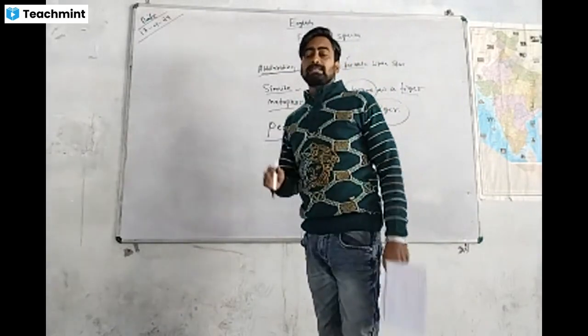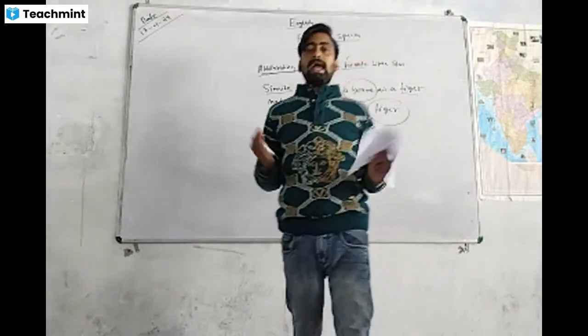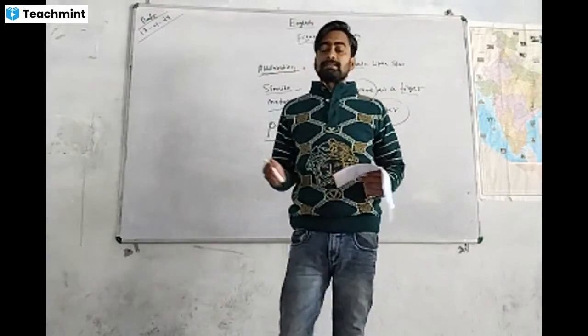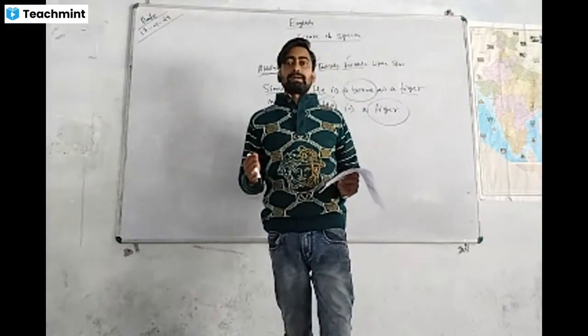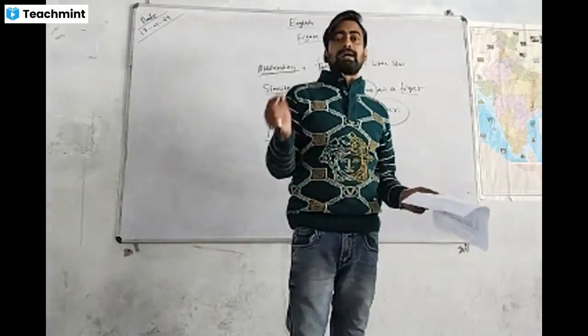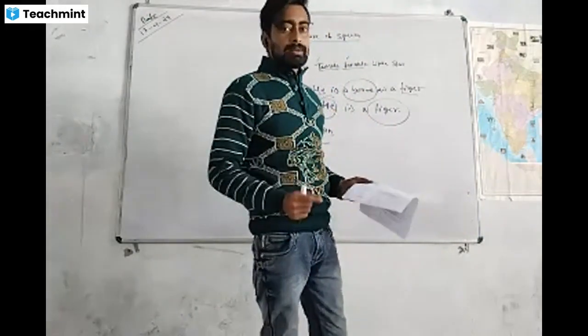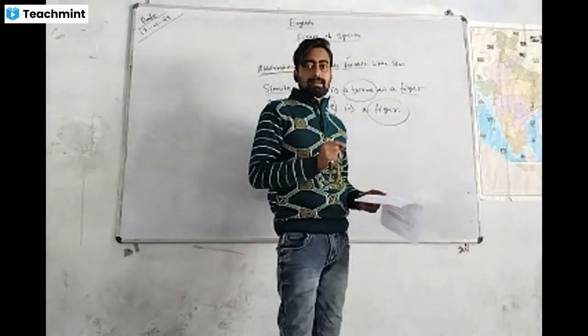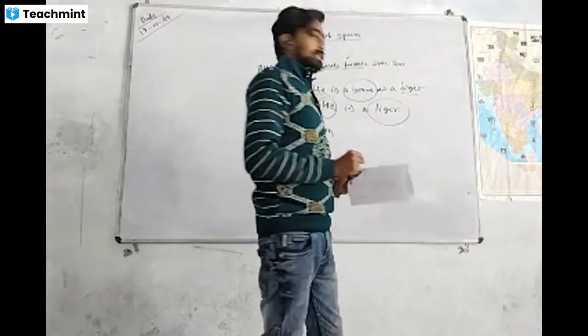The smiling morning indicates pleasant weather. The angry sun indicates the weather is very hot. Here the sun is given a human quality, that is anger. So that is called personification.